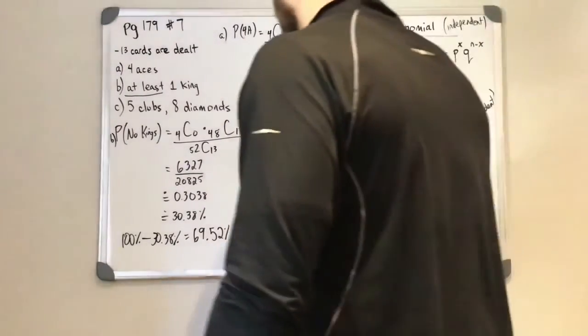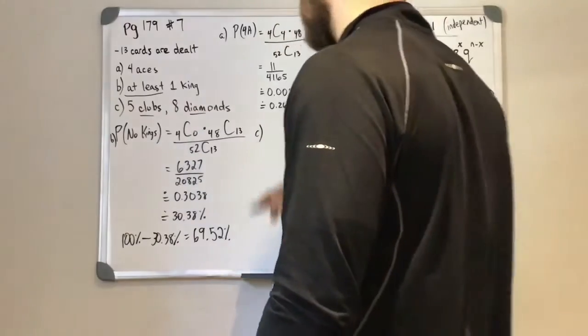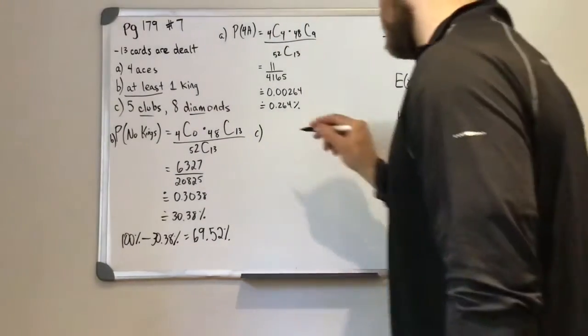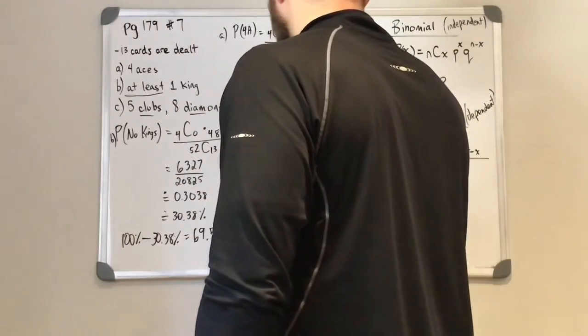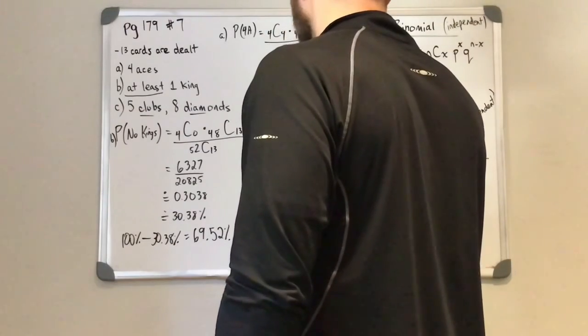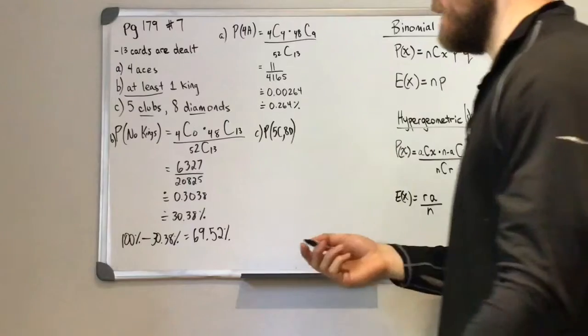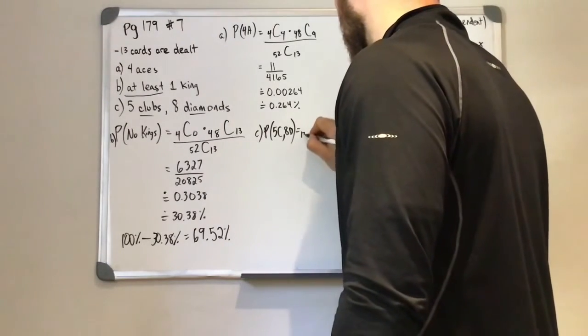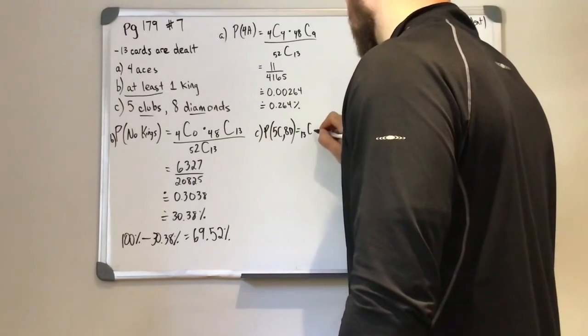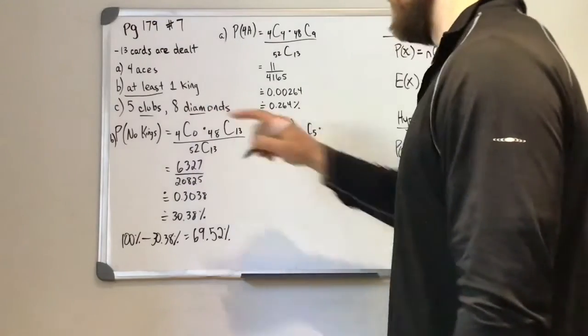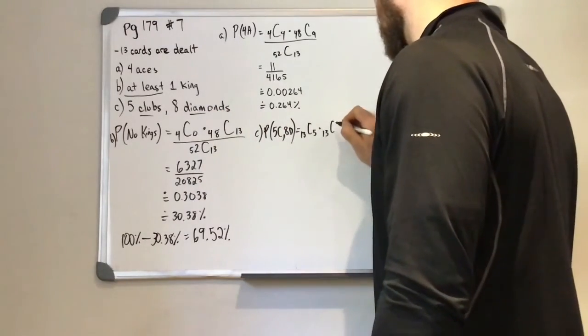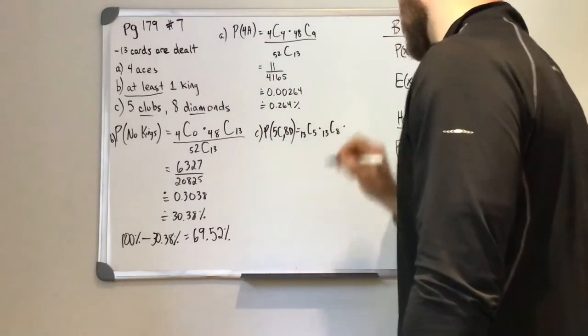In C, we've got two things to account for: the probability of 5 clubs and 8 diamonds. First off, there are 13 clubs and we're going to choose 5 of them. There are 13 diamonds and we're going to choose 8 of them.